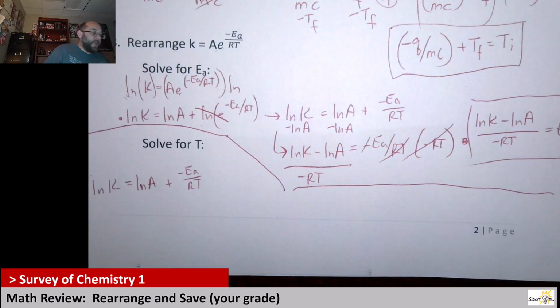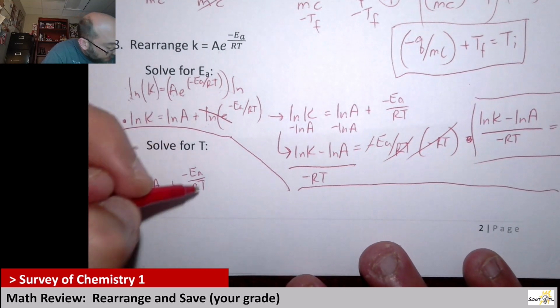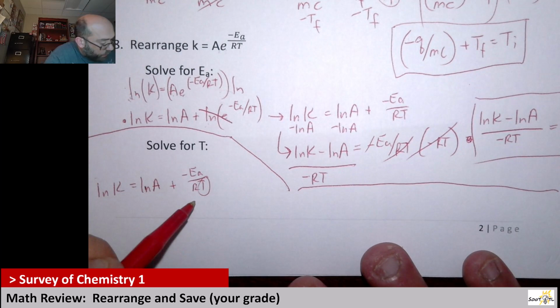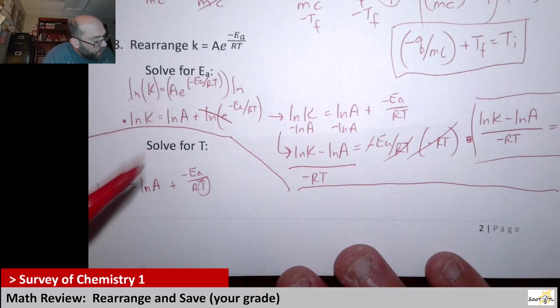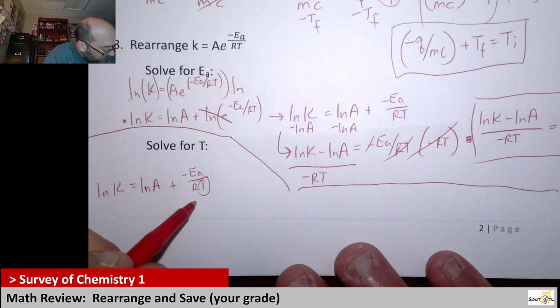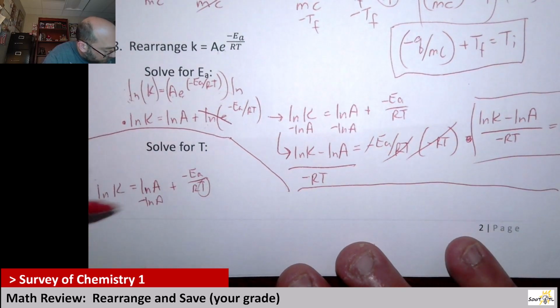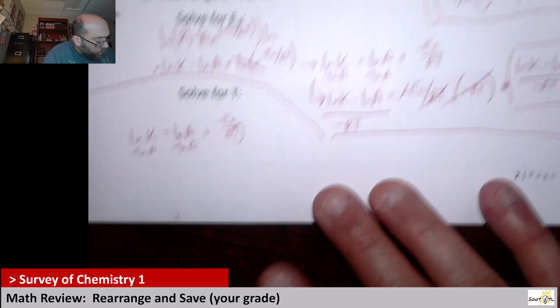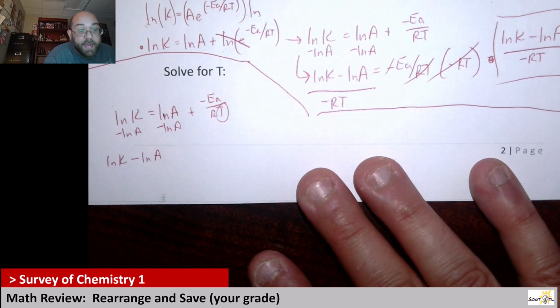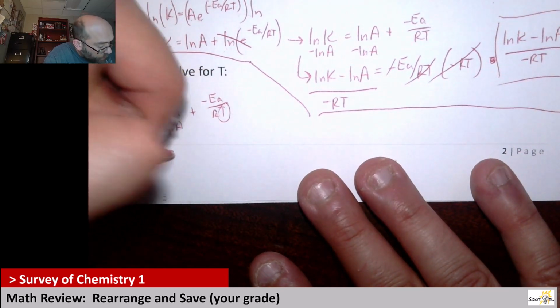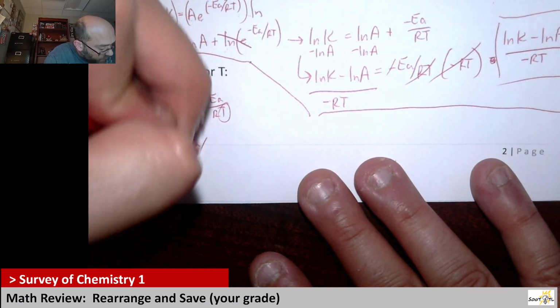All right, now we need the T. So I'm going to do something a little similar here. We're going to subtract natural log of A from both sides. So we'll get the natural log of K minus natural log of A is equal to negative EA over RT.